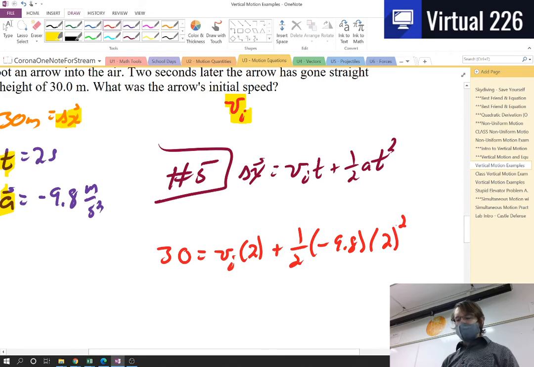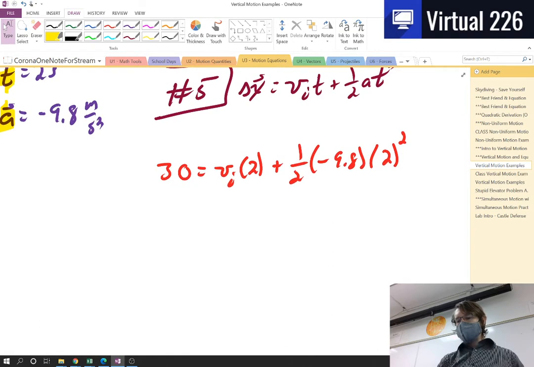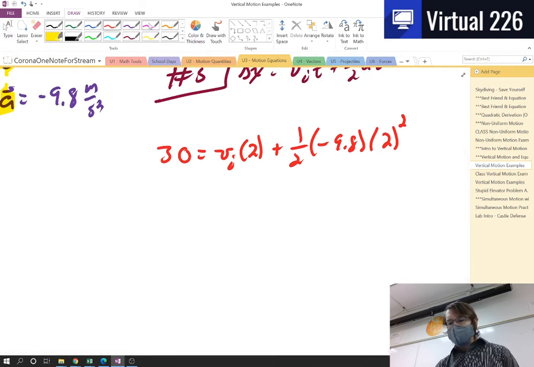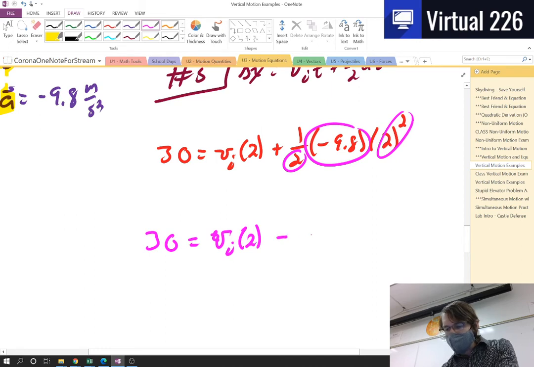Now, normally I like to do the algebra before putting in numbers, but in this case, I think the numbers are actually a little easier to deal with here. 2 squared is 4, and 4 divided by 2 is 2, and 2 times negative 9.8 is negative 19.6. So we're going to get 30 equals VI times 2 minus 19.6.